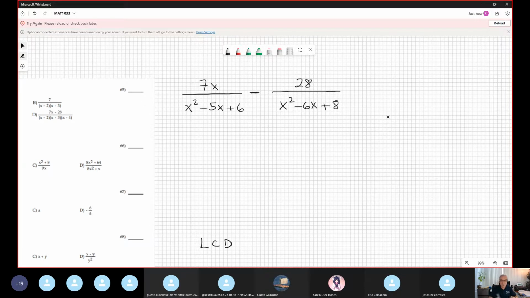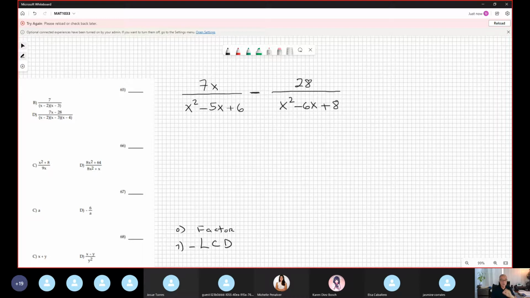But before finding the LCD, I am ready to find the LCD when our expressions are already factored. So step 0 comes before step 1. This is step 1. Step 0 is factor.